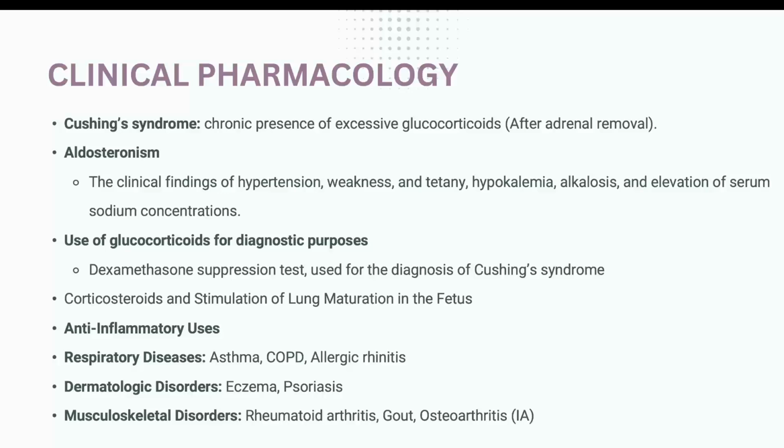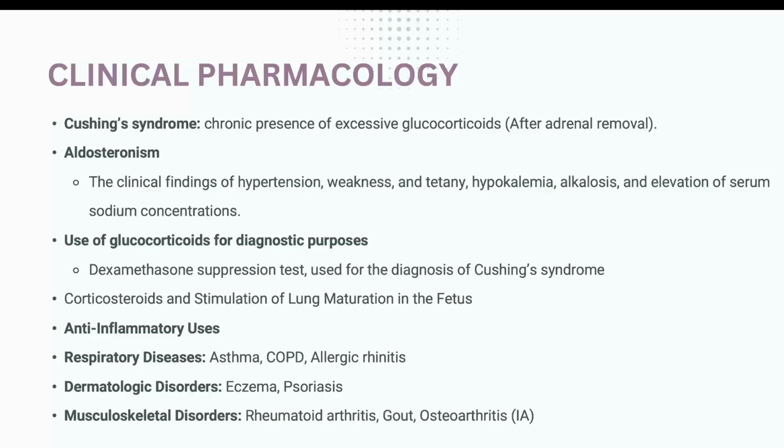Giving glucocorticoid inhibits the adrenocorticotropic hormone effect on the adrenal gland and inhibits further release of aldosterone. Glucocorticoid can also be used for diagnostic purposes, for example, diagnosing Cushing syndrome, and the test is called the dexamethasone suppression test.